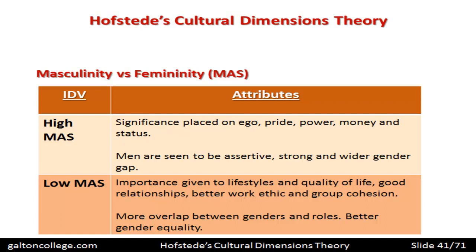They're not artificially stopped. There's no prejudice in the system that stops them from achieving that. So high masculinity, much more interested in the ego, in themselves, pride, power, money, status, as written here. And for more feminine type of society, more interested in the quality of life, more interested in the work ethic.